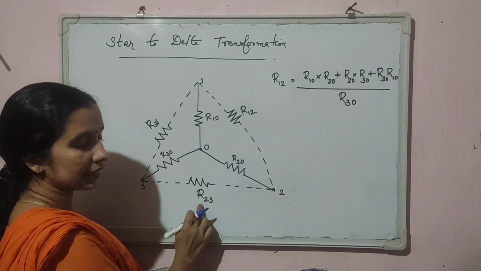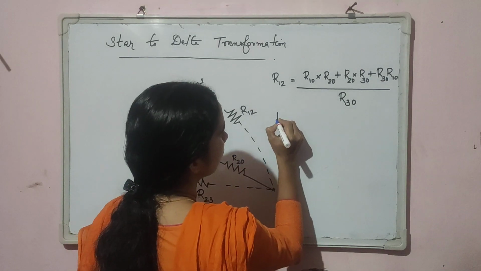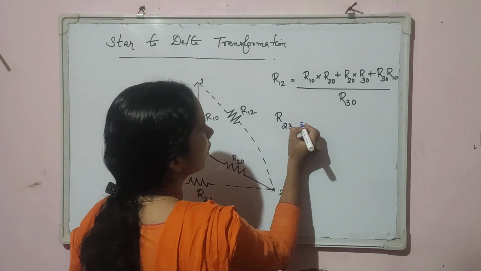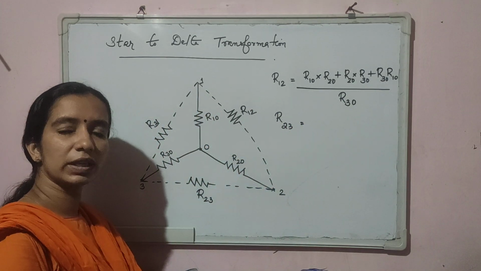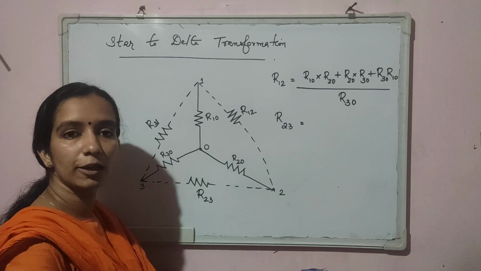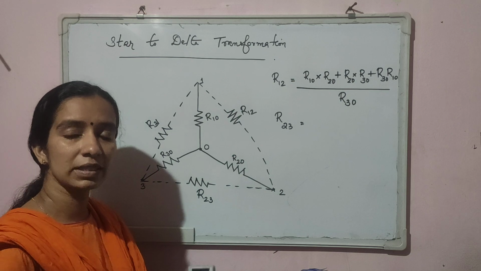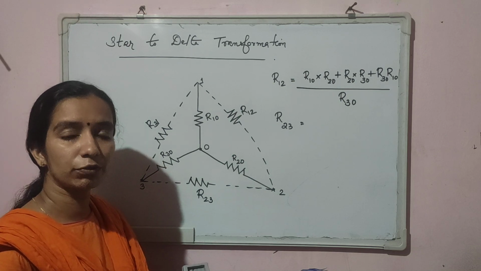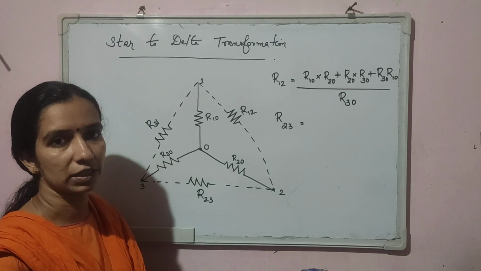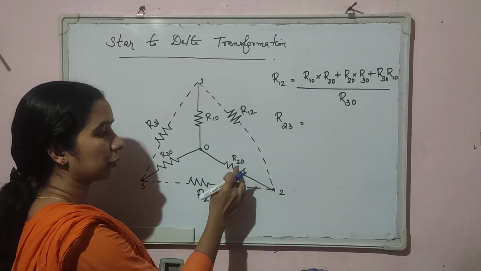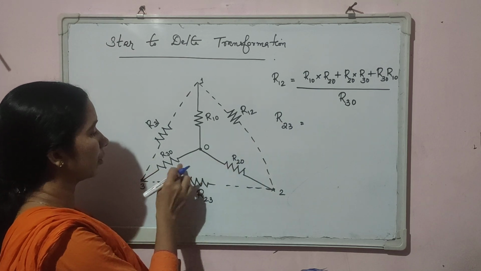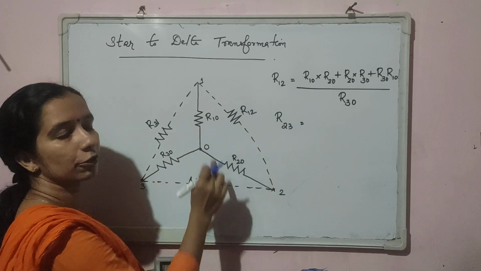Now let us calculate R23. So while calculating R23 also, the numerator will be the same. That is sum of products of all possible pairs of resistors.